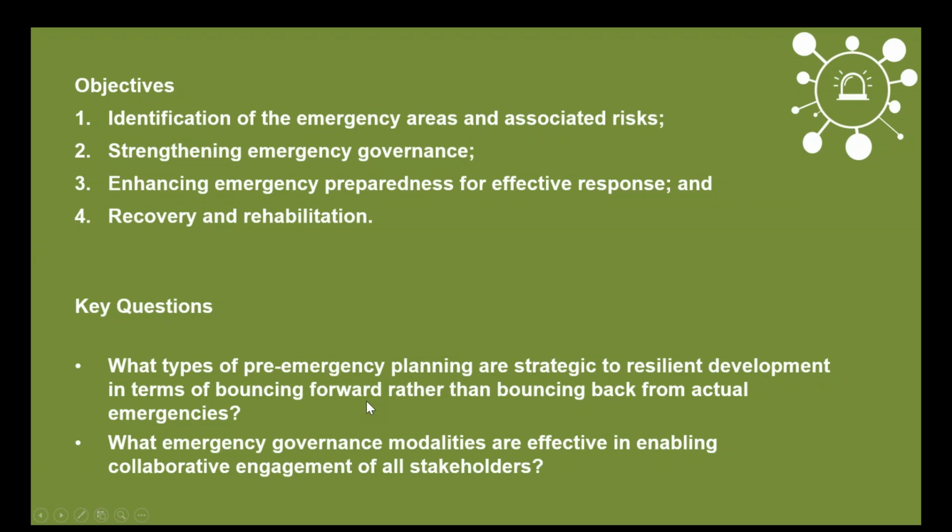So key topic questions such as these, and you may think of others as well that fall within the same category, would be: what types of pre-emergency planning are strategic to resilient development, in terms of bouncing forward rather than bouncing back from the actual emergencies, and what emergency governance modalities are effective in enabling collective engagement of all stakeholders.